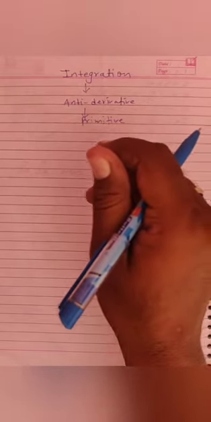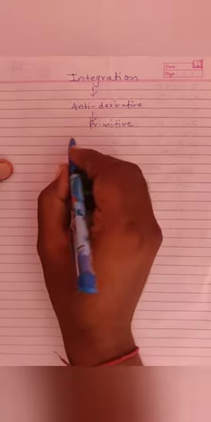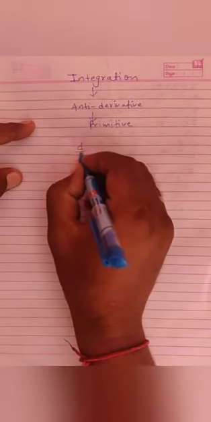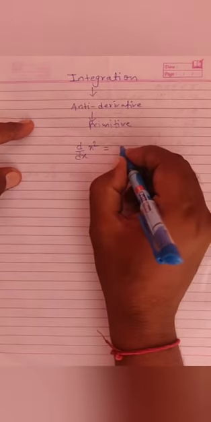Now let us see what exactly integration is. In differentiation we have done many formulae for differentiating a function. Suppose the derivative of x square, we know that the derivative of x square is 2x.